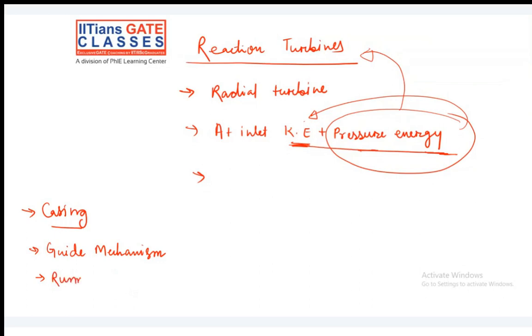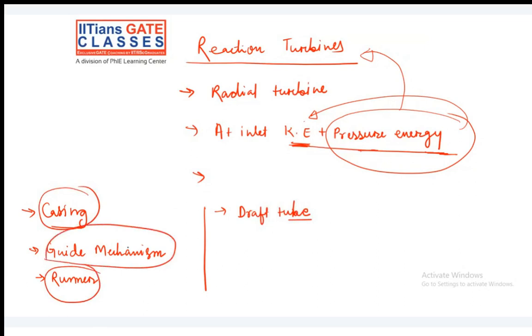These things we know, runner we know. And a very important part, that is the draft tube. So casing we know, runner we know. Only thing we need to understand is the guide mechanism. What is this guide mechanism? And draft tube, what are these things?